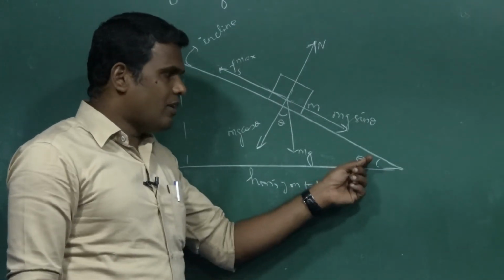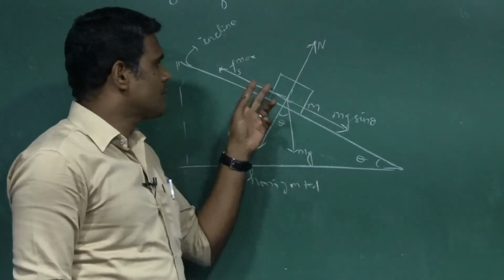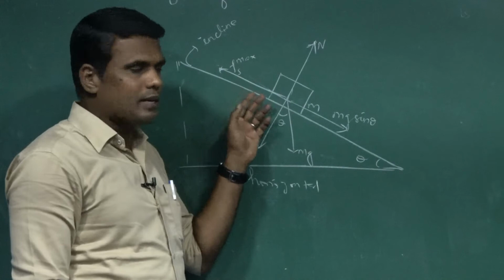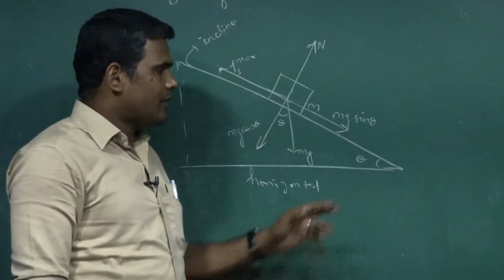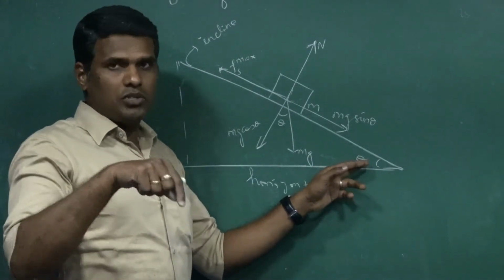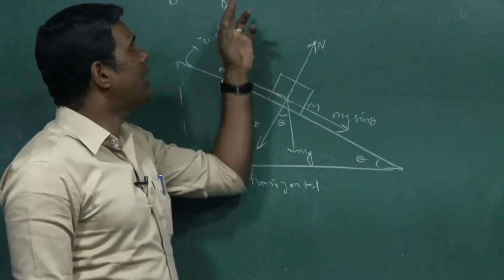As you increase the value of theta gradually, for one particular value of theta, the block begins to slide down the incline. The angle theta at which the object placed over the incline begins to slide is called angle of repose.